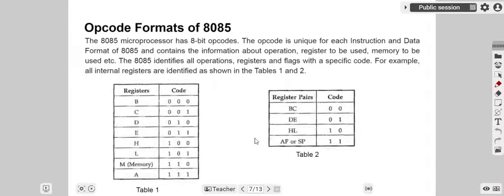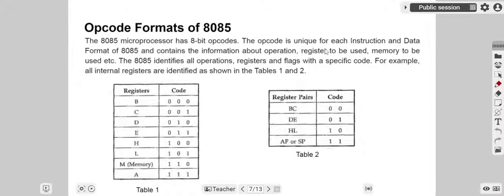Now what are the opcode formats of 8085? What is the meaning of opcode formats of 8085? See here, the 8085 microprocessor has 8-bit opcodes.